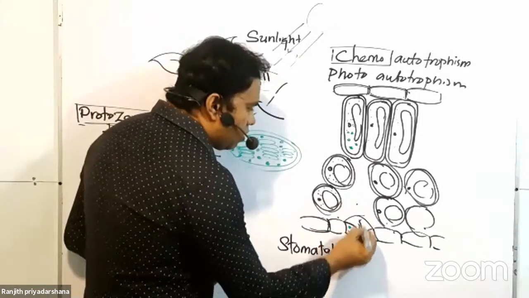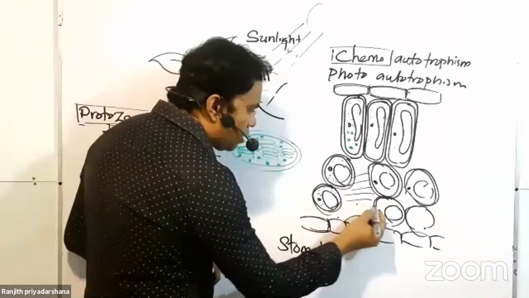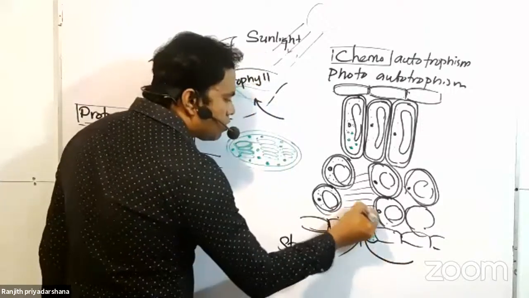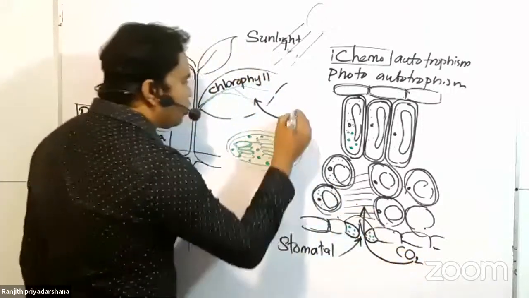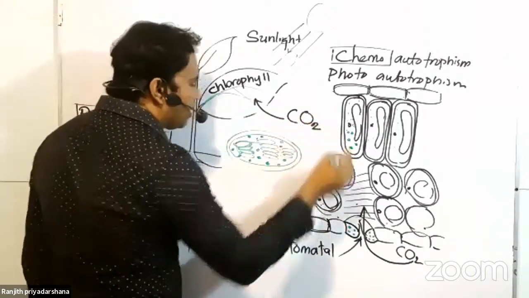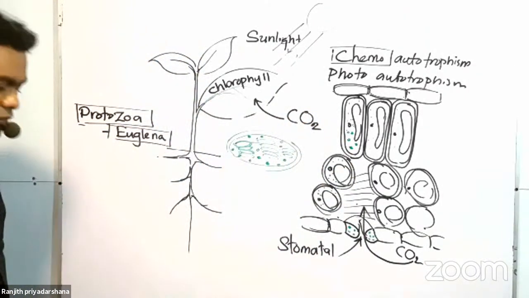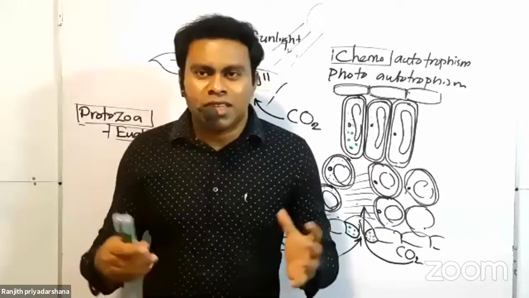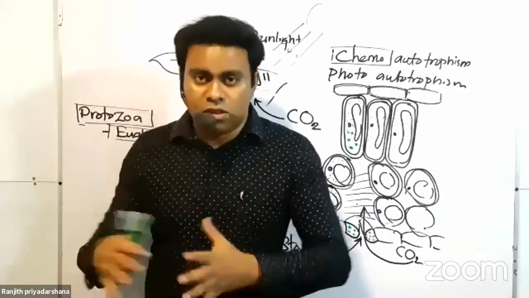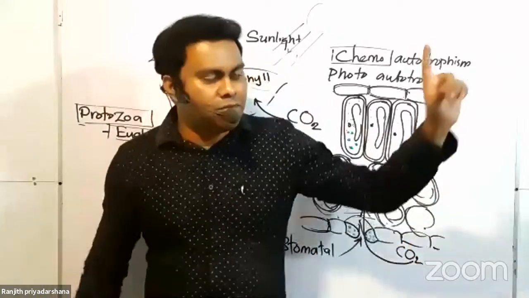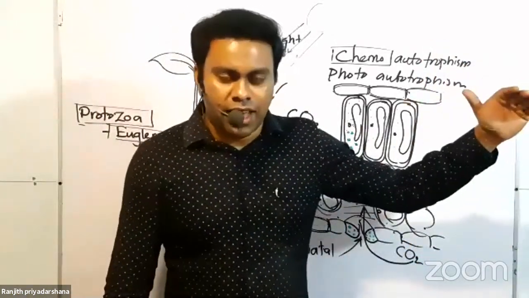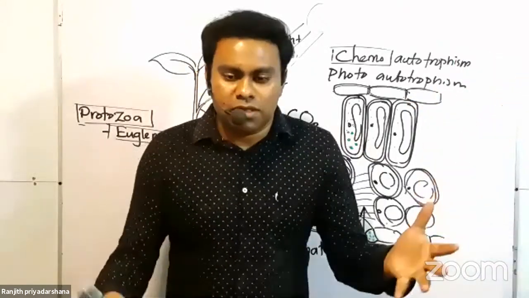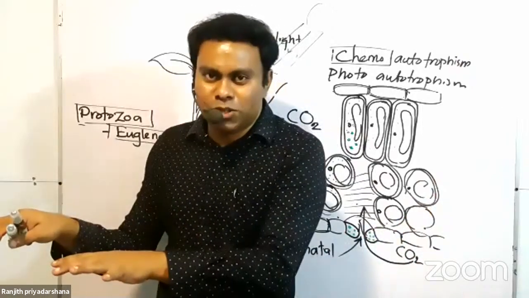Through this stomatal opening, carbon dioxide is absorbed. So another important factor is carbon dioxide. So this is the most important process. If not, what happens? Greenhouse effect may occur. So global warming occurs. Then liquefying of glaciers and polar ice caps starts. So what happens? Small islands submerge into seawater.